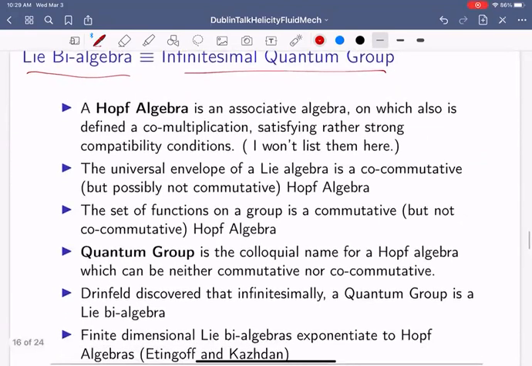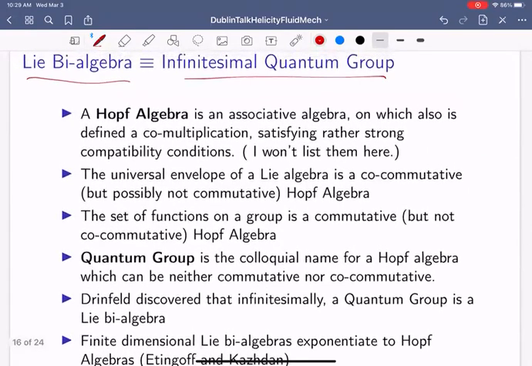But what is a Lie bialgebra? It is an absolutely beautiful and deep thing in mathematical physics. And the most important property of it is that a Lie bialgebra is the infinitesimal form of what is colloquially called a quantum group. A more precise statement is that a quantum group is a colloquial name for an object which is a Hopf algebra.